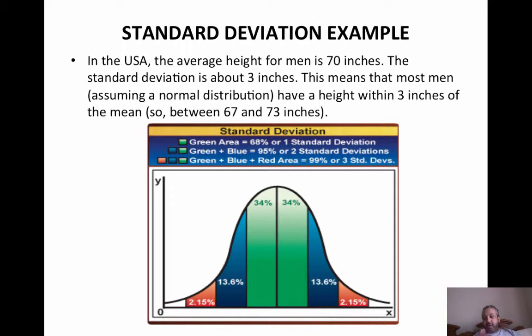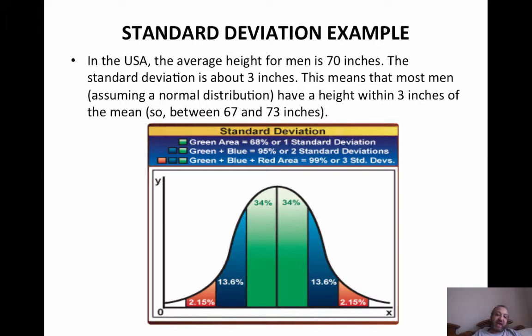Now, knowing that, remember I said to write a 70 right in the middle, the line between the two 34%s? That's a 70. The next line over to the right, you should write a 73, because the standard deviation is 3 inches; 70 plus 3 is 73. The next one over, you should write 76. The next one over, 79.